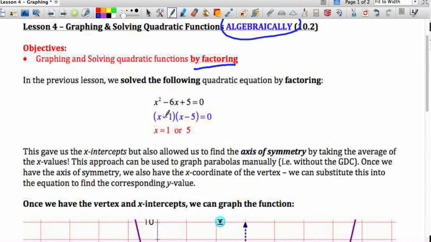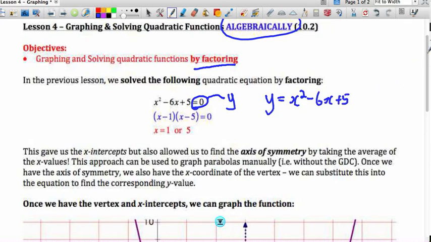So just a quick reminder, this was an example that we solved in the previous lesson, and as you can see, it is a solve equation where you needed to find x values. We did this by factoring. X squared minus 6x plus 5 factors as x minus 1 times x minus 5, and that gave us x values of 1 or 5. Those are the x values when y is 0, and the original function is y equals x squared minus 6x plus 5.